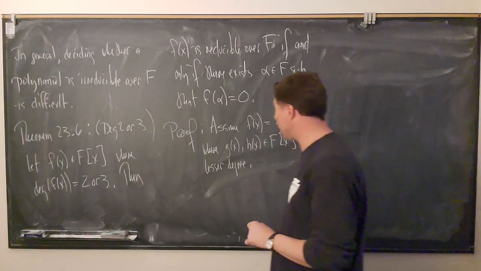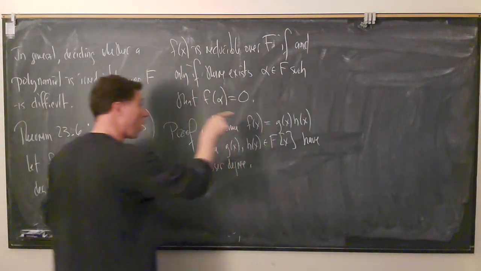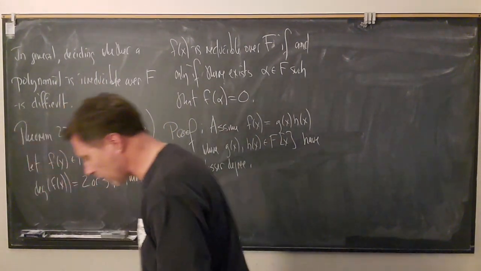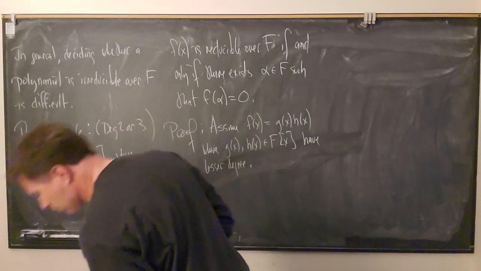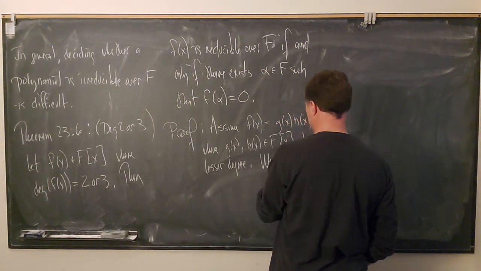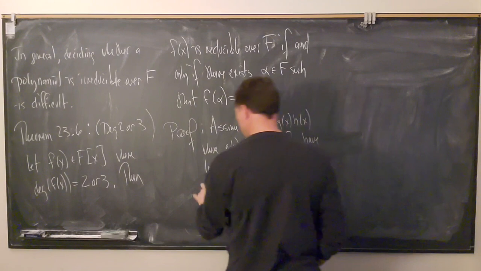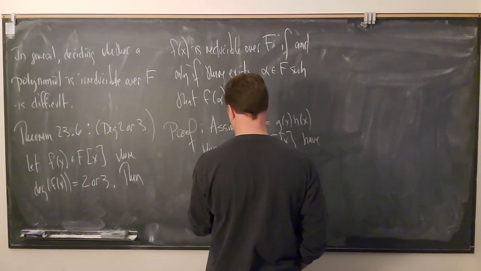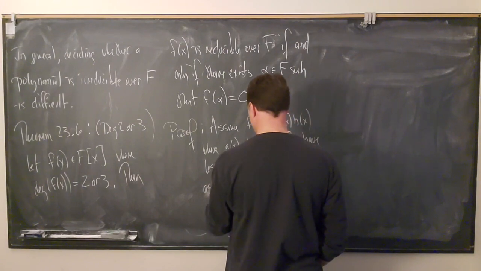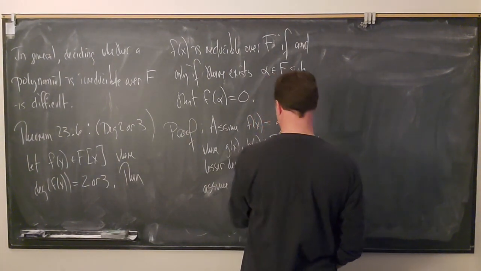Well, what does that tell us then? It tells us that at least one of either g of x or h of x is a 0, right? So, let's just assume the first one. I think I just said 0, but I meant 1. Then we can assume, without loss of generality, that.